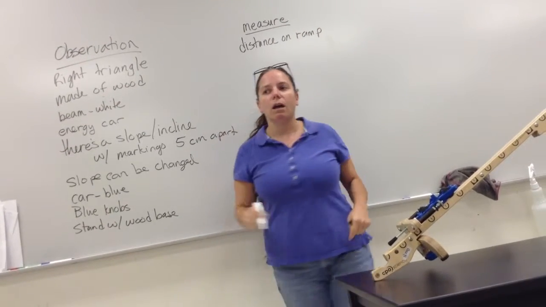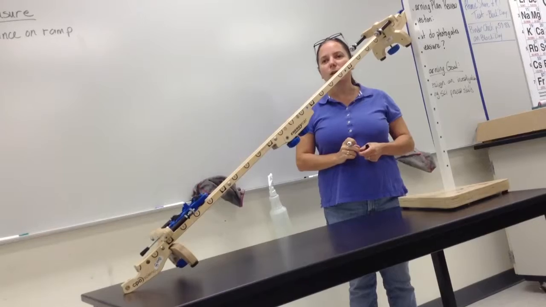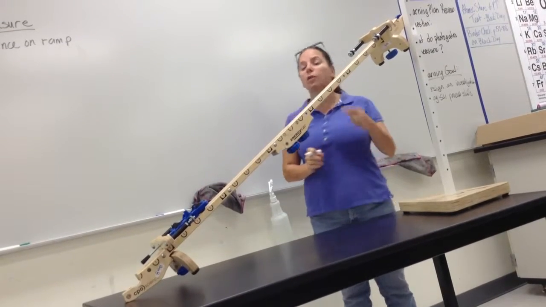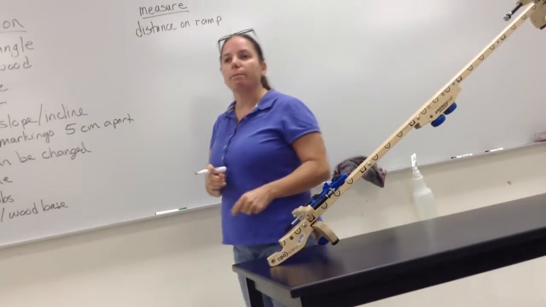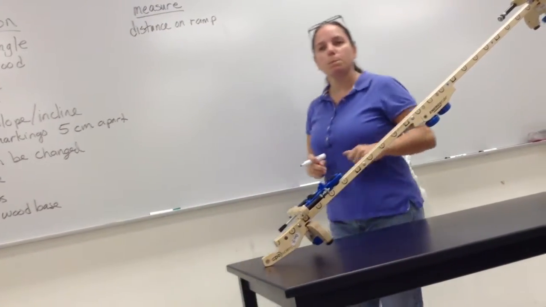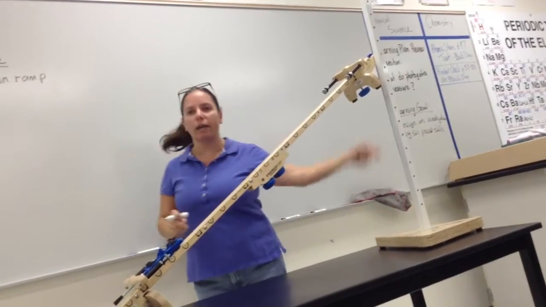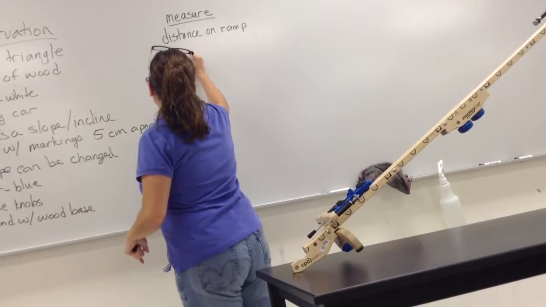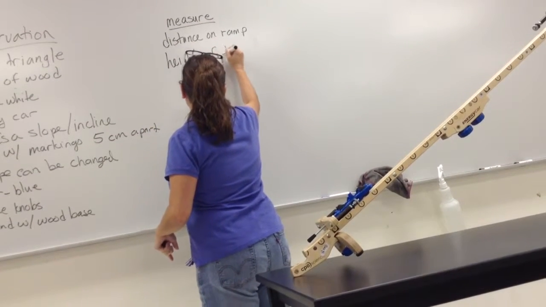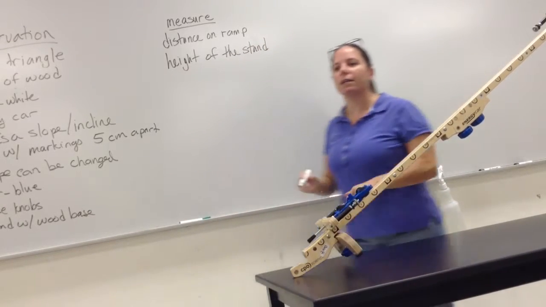Okay? All right, Tasia, you got another idea? What's something else we can measure? Okay, think of something and I'll be back to you next. Sam? The middle, the stand? Yeah. Okay, so we can measure the height of the stand. All right, Tasia, got an idea?